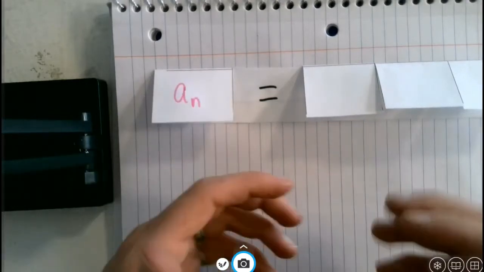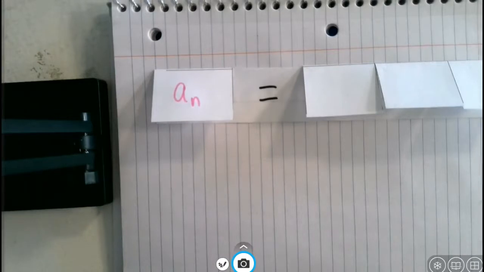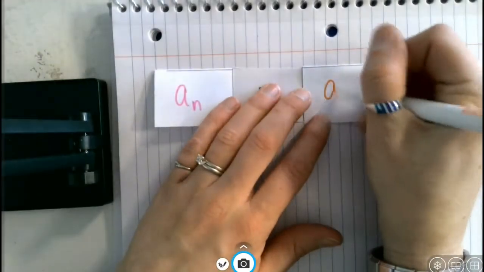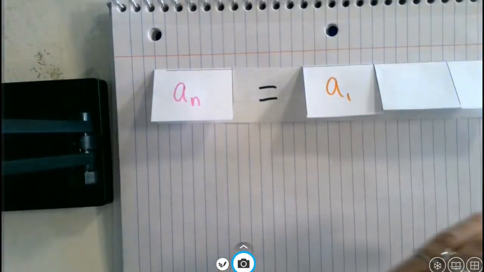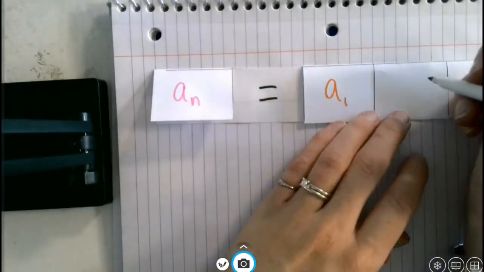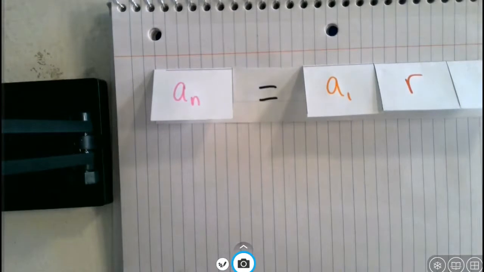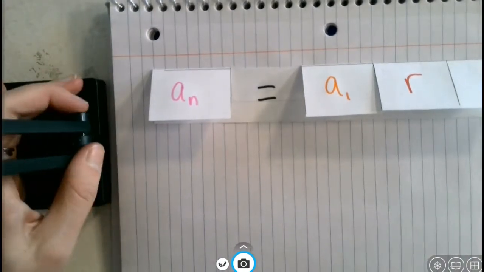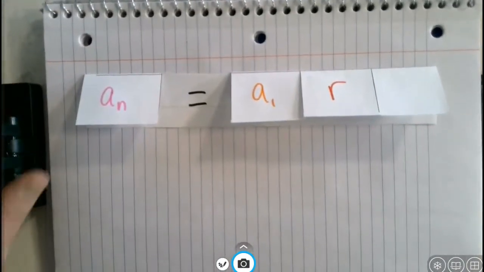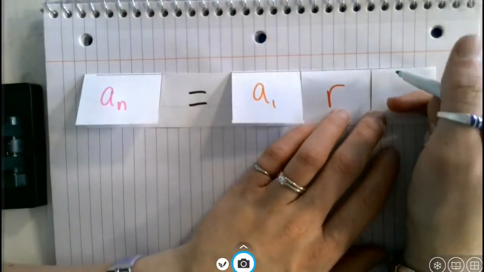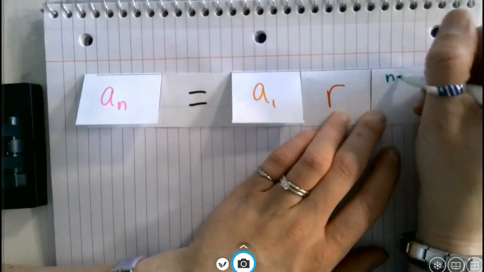That just tells us which one. Okay, so it equals a sub 1 times r. And here's kind of where we have to be real specific when we're taking these notes. So here we're going to have an exponent, which is n minus 1.